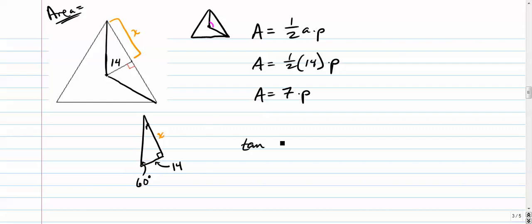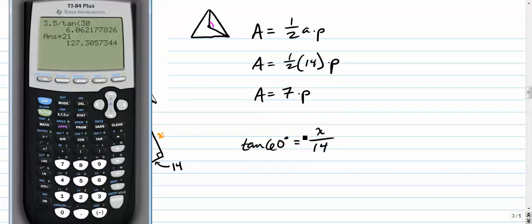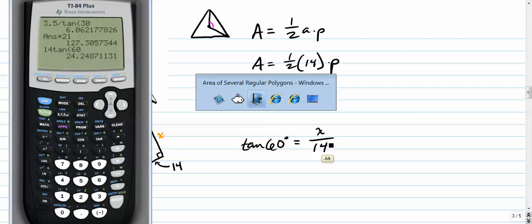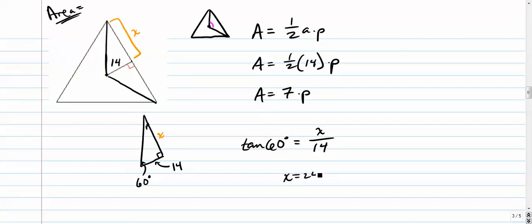Again, that's tangent of 60 is x over 14. So 14 tangent of 60, 14 tan 60, 24.2487. And again, that is half of the side length.